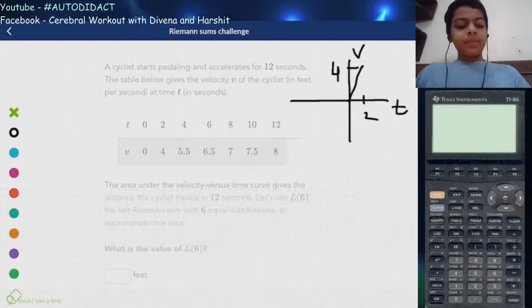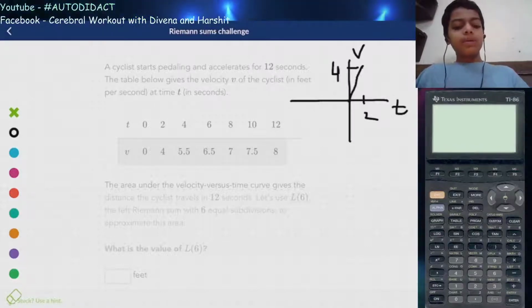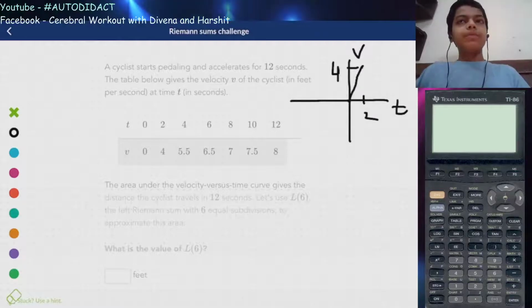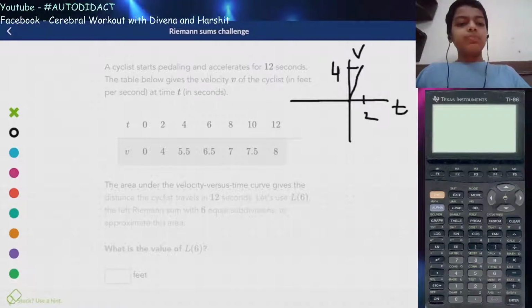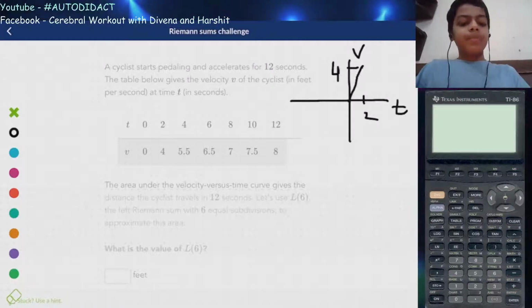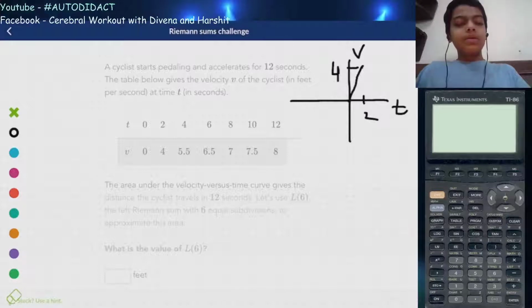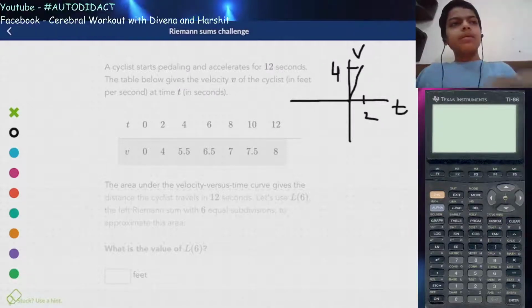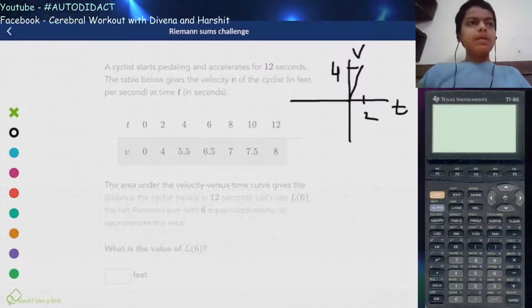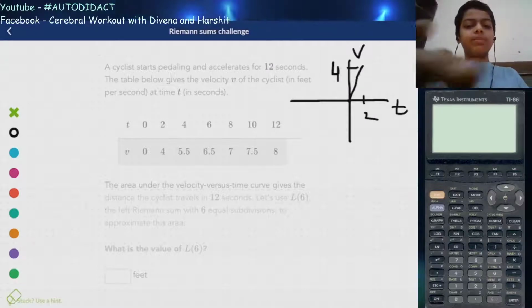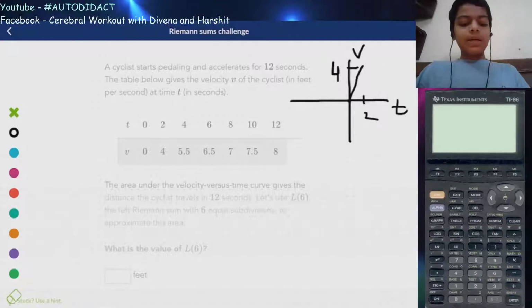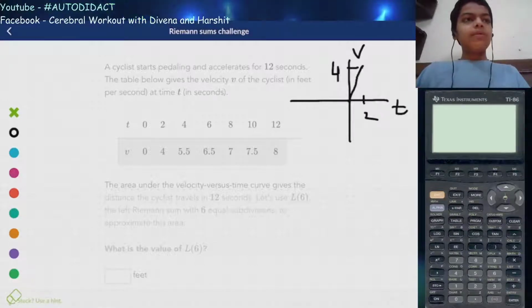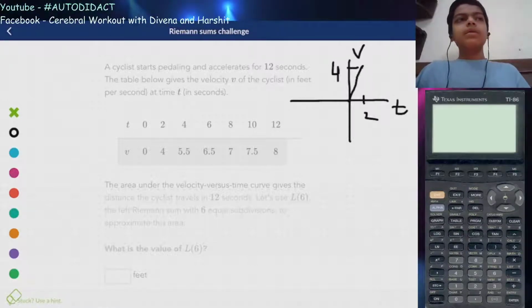When time is equal to 4, velocity is 5.5, and when time is equal to 6, velocity is 6.5. When time is 8, it is equal to 7, when 10, it is 7.5, and when 12, it is 8.